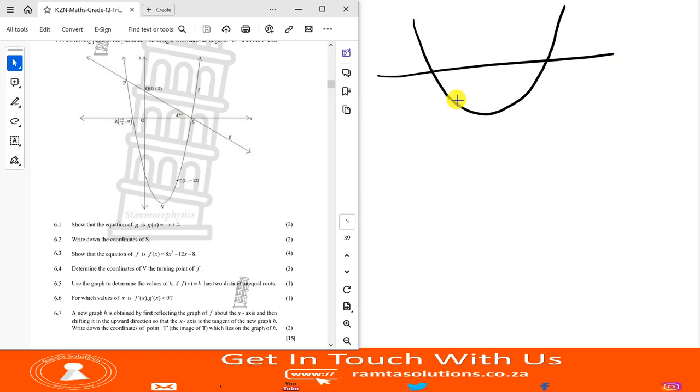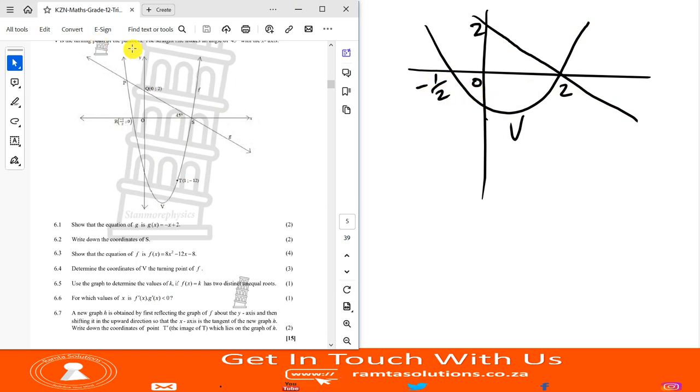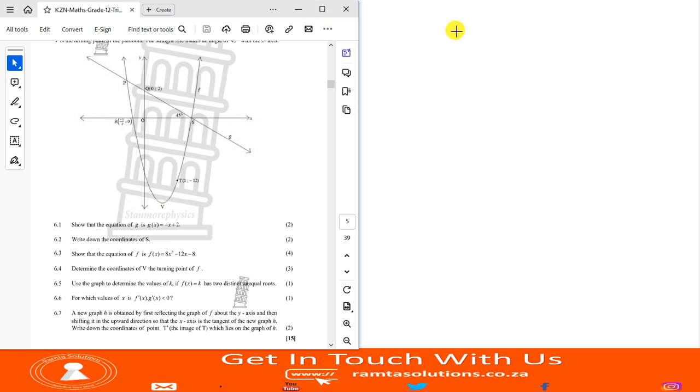So it is like this, and then this is V. You know this is true, and then this is also 2. This is minus half. Now, that first derivative, this is 1. Let me make it a bit better, yeah, it's better this way.